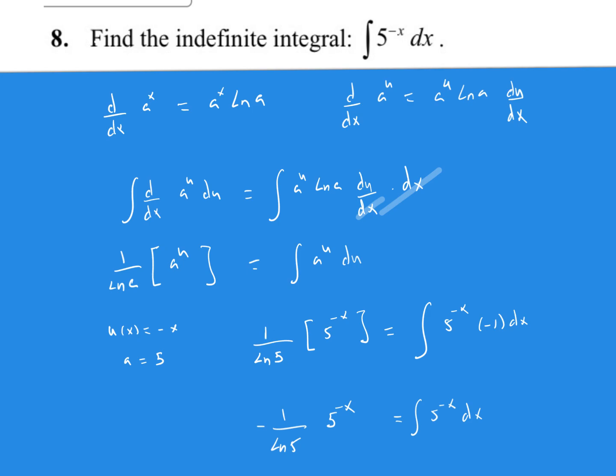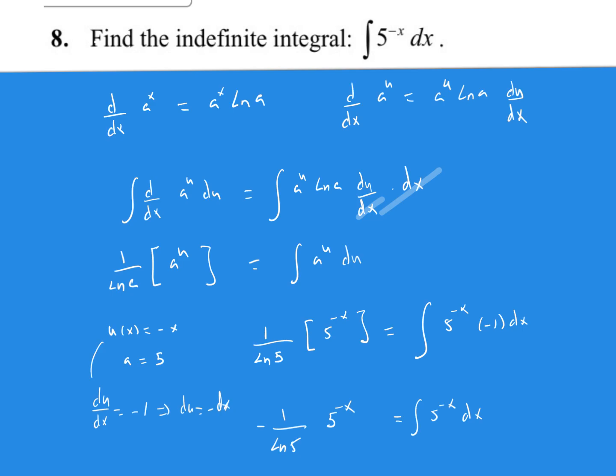It will be 1 divided by the natural log of 5, times 5 raised to the minus x, equal to the integral of a to the u, 5 to the minus x, du. But du is minus 1 dx. du divided by dx is minus 1, then du is minus dx.